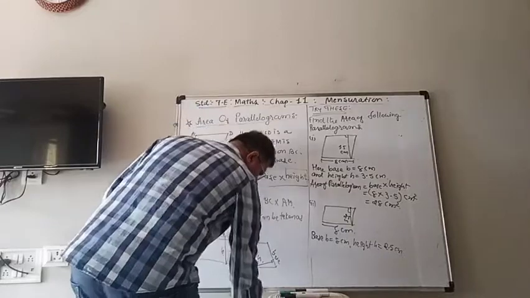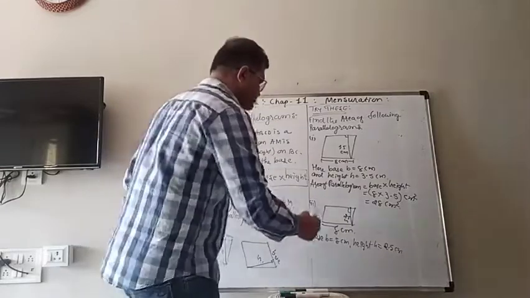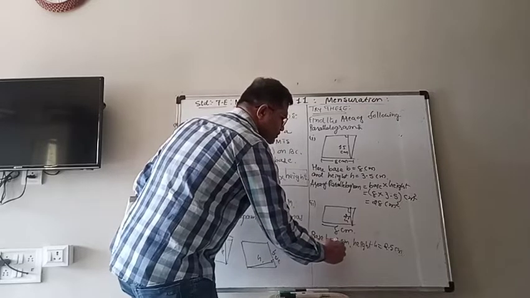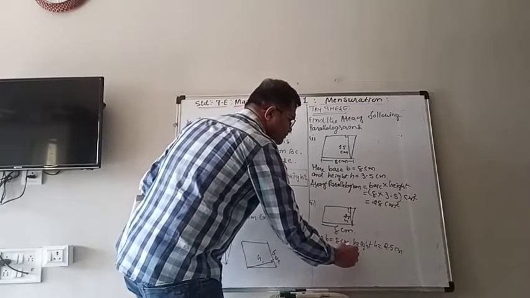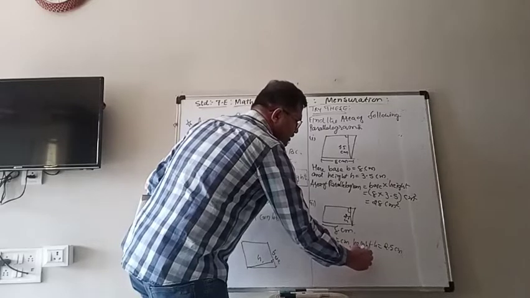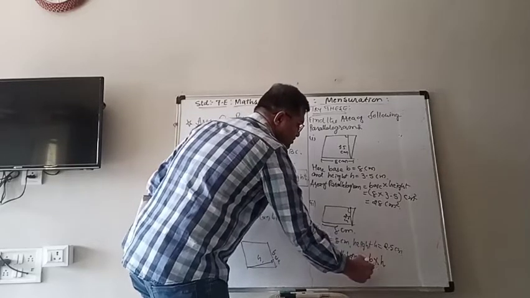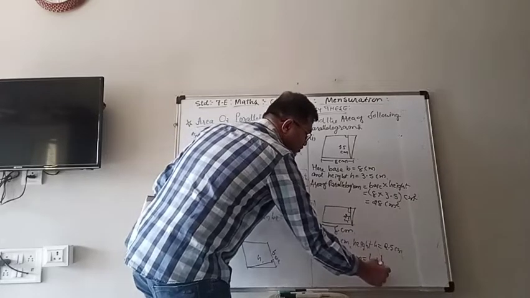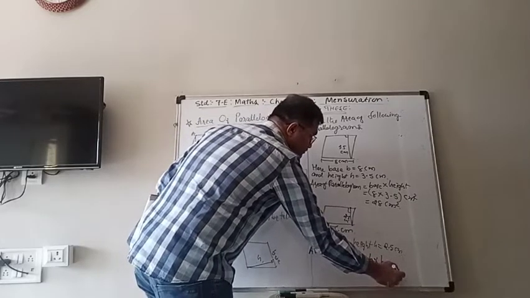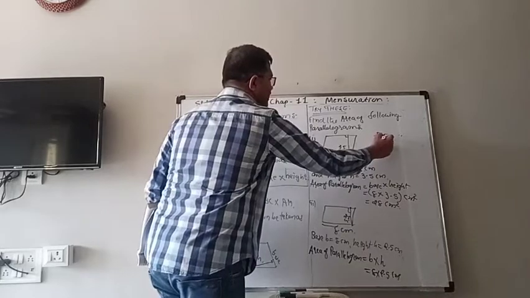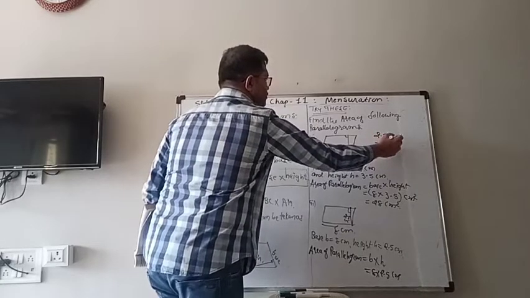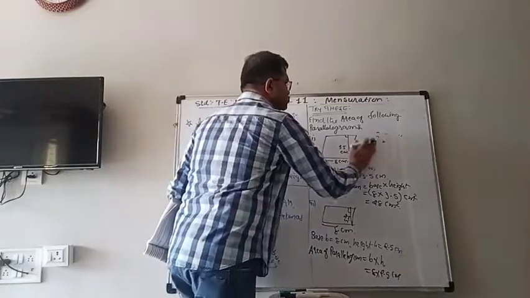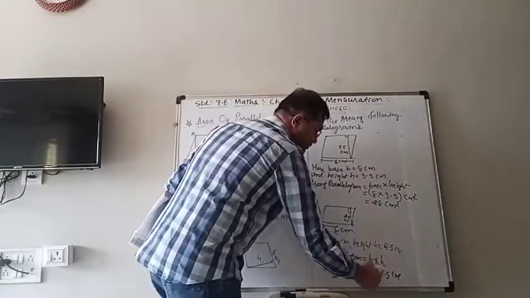So in place of base and height you can write down B and H also. So area of parallelogram is equal to B multiplied by H. Base is 8 multiplied by 2.5. So now 2.5 times 8 is 20.0, so 20 centimeters square.